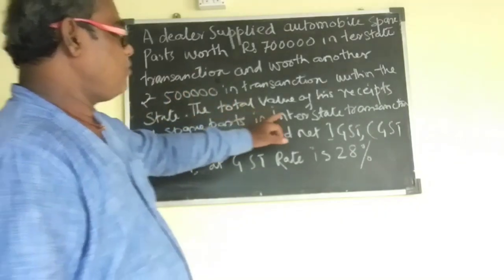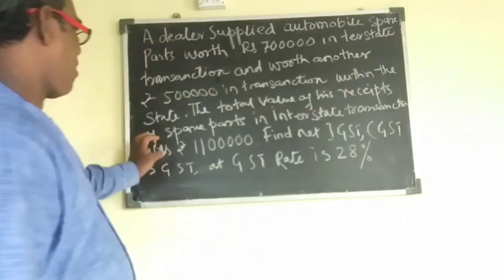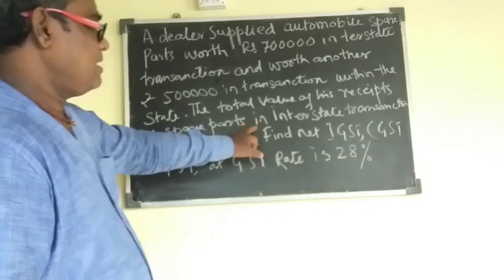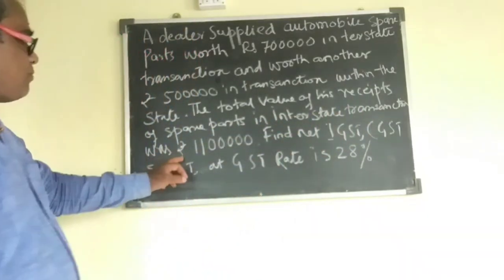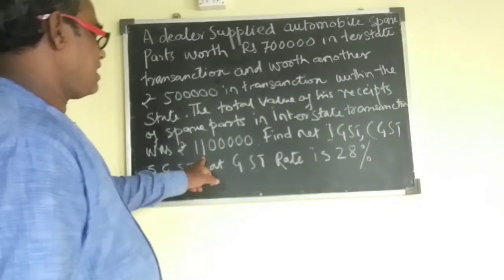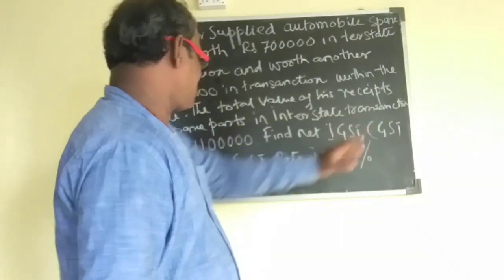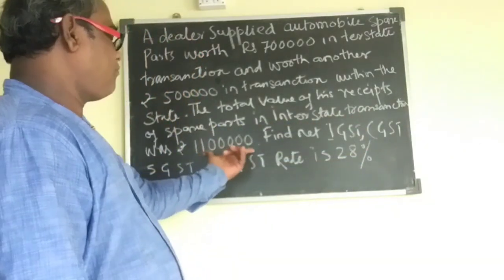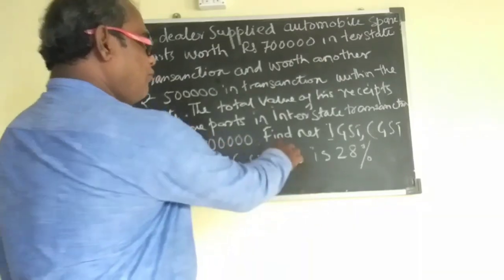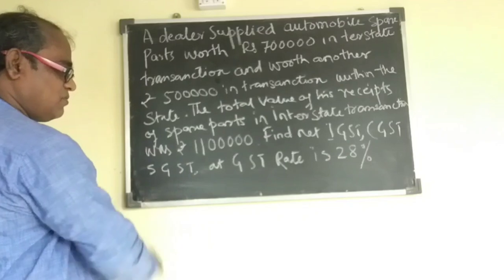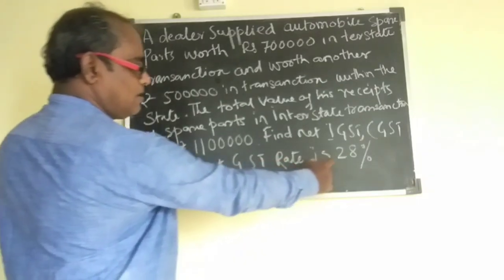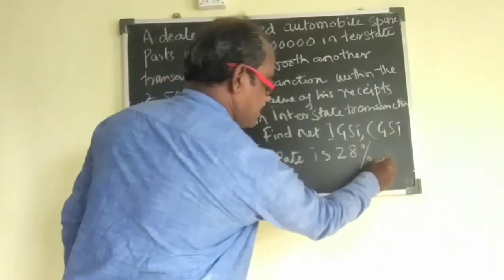The total value of his receipt of spare parts in interstate transaction was rupees 11 lakhs. Find net IGST, CGST, SGST at GST rate of 28%.